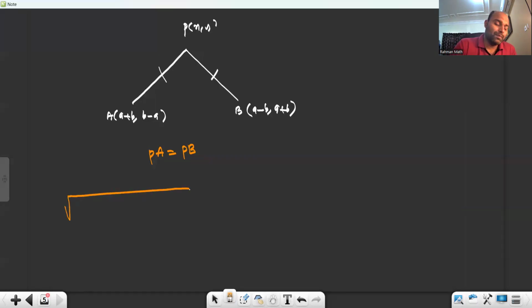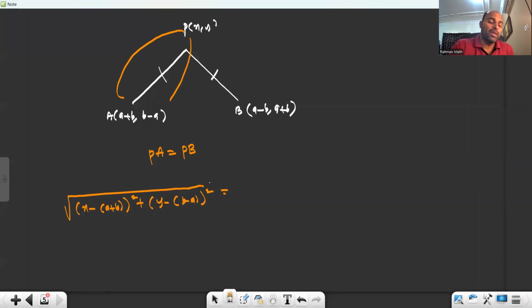PA means root of x minus of a plus b whole square plus y minus of b minus a whole square. This minus this, the bracket is compulsory. Right side also, root of x minus of a minus b whole square plus y minus of a plus b whole square.